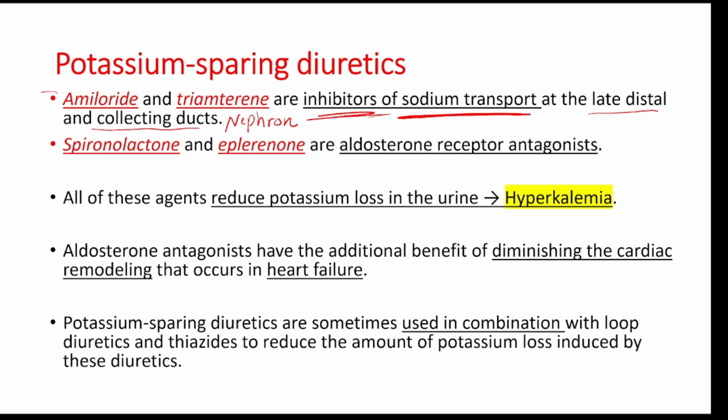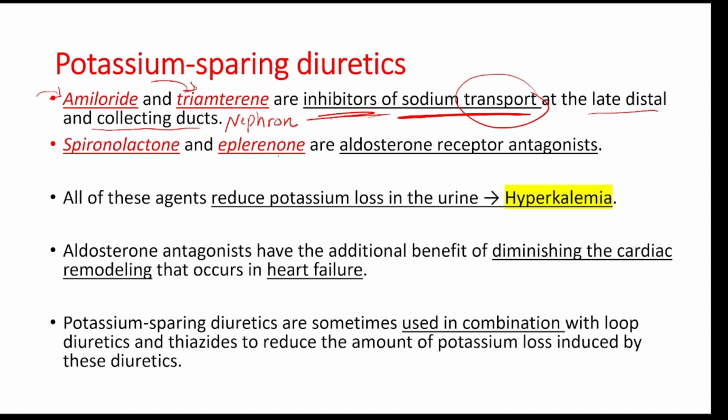We have amiloride and triamterene. So two medications, amiloride and triamterene, inhibit the sodium transporter in the distal tubules and collecting duct. It's number one. The first group inhibits the transporter: amiloride, triamterene.